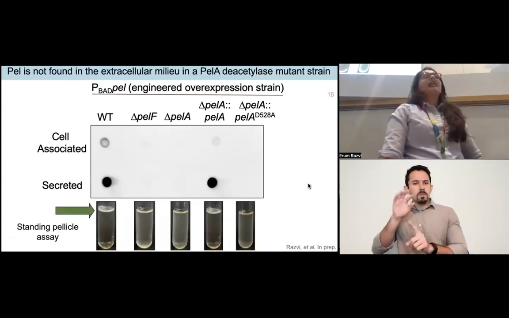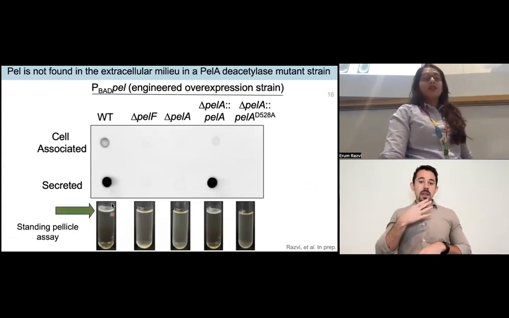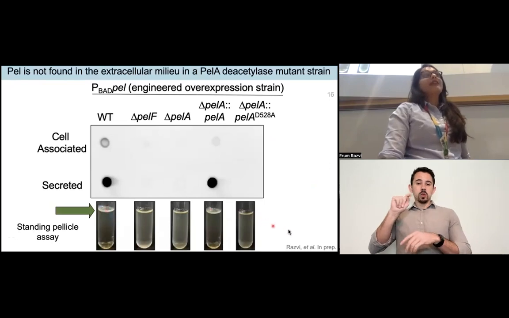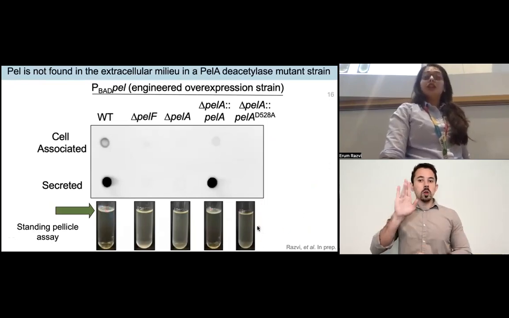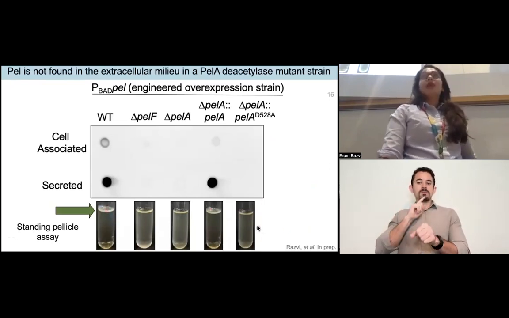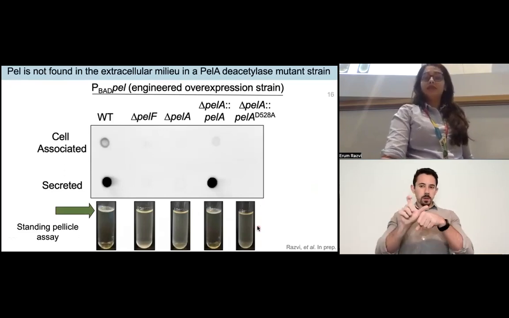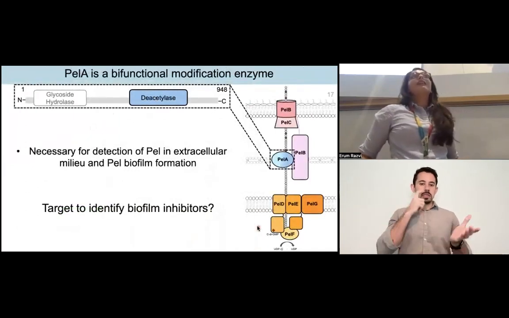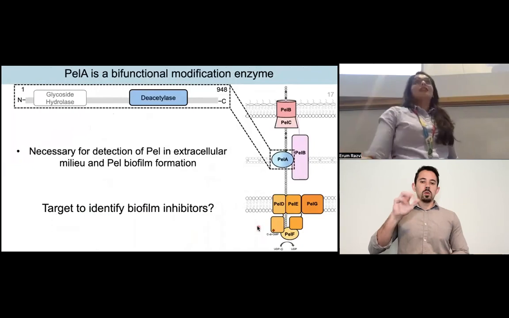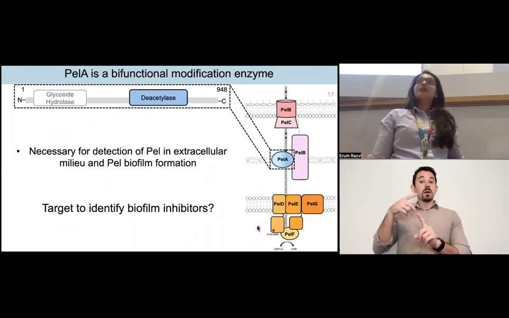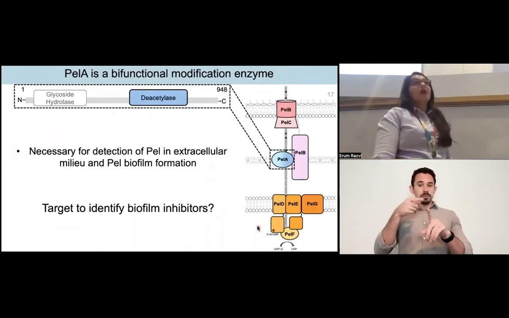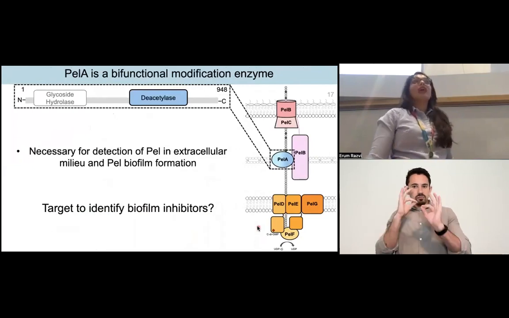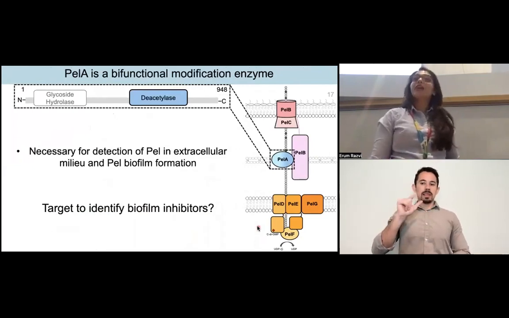I also performed standing pellicle assays to look for the formation of a pellicle, and the deacetylase mutant formed a turbid culture, confirming it's unable to form a biofilm. So our finding that PelA deacetylase activity is necessary for the detection of Pel in the extracellular milieu, and thereby for Pel biofilm formation, makes it an attractive target to identify Pel biofilm inhibitors.